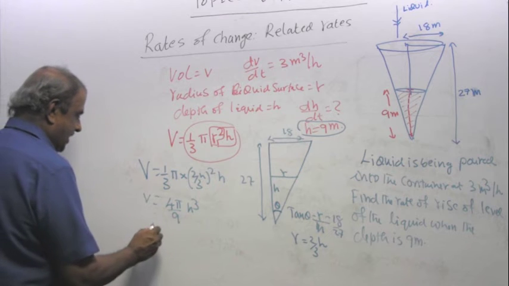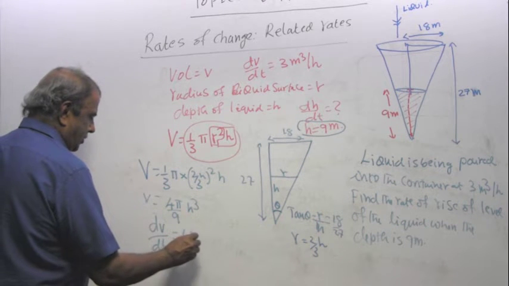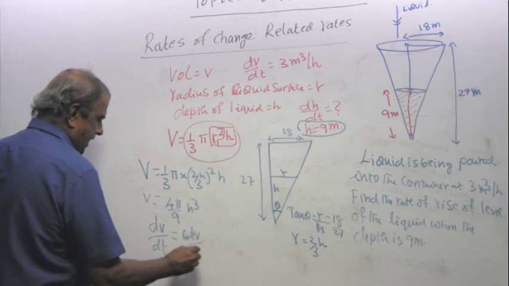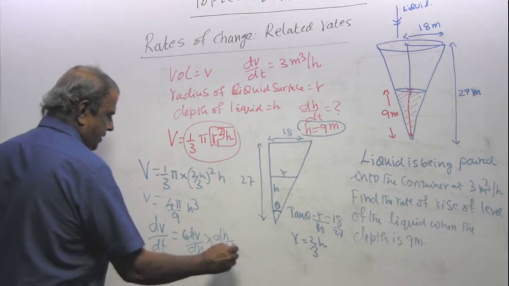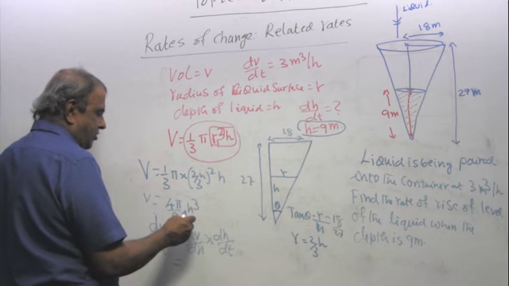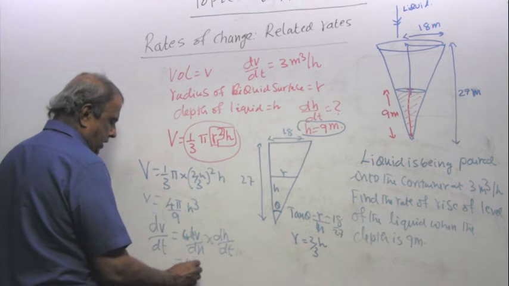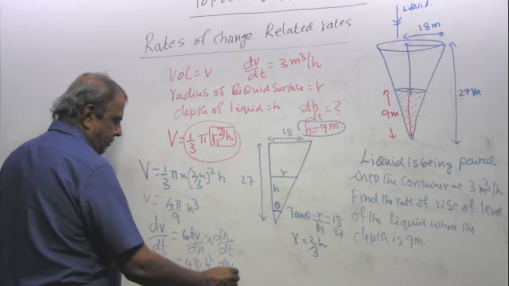I can differentiate. So dV by dt equals dV by dH times dH by dt. dV by dH, when you differentiate this, I get 3h squared. So it is 4 pi by 3 h squared dH by dt.